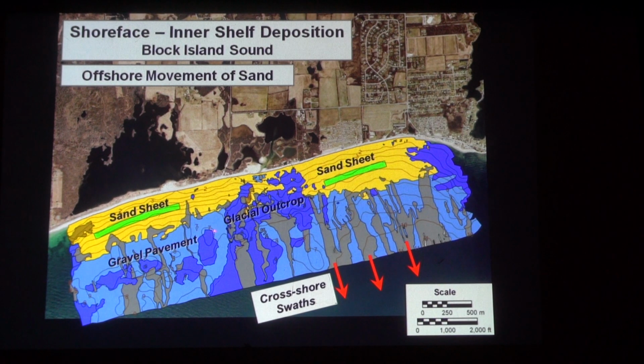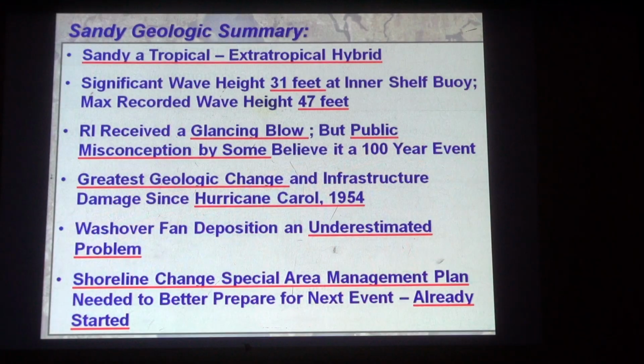We know the sand is underneath this gravel pavement, but we don't know how much gravel you have to go through. These are big boulders, which is actually outcrop of glacial material. And then there are these cross-shore swaths where the sand is disappearing offshore somewhere. We don't know how much sand is out there and whether we can go out and grab it and perhaps bring some of it back. That will be a target of this sand.